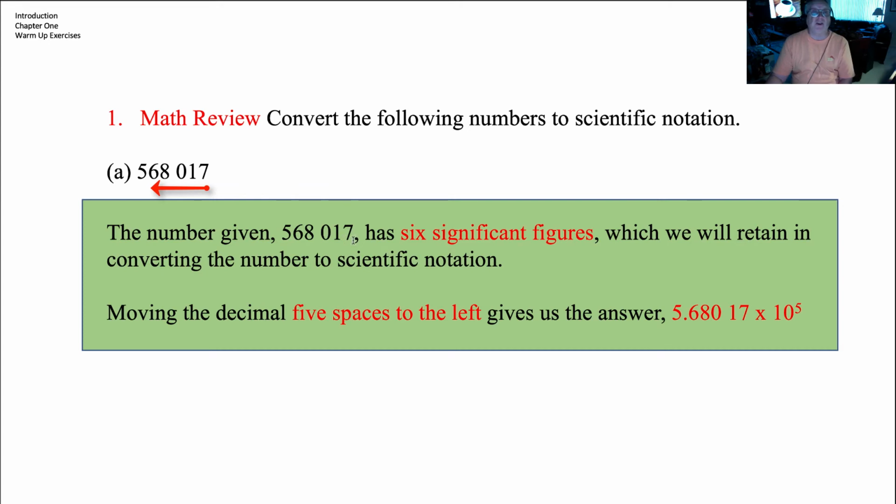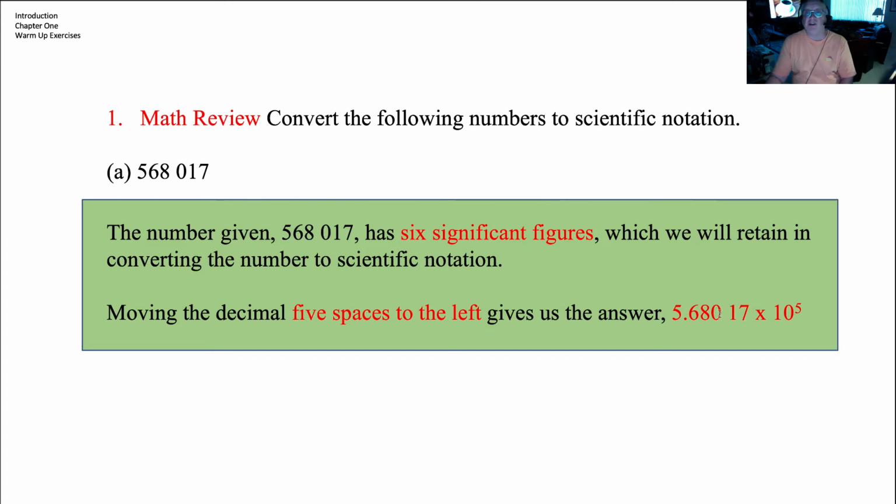Although we don't have a decimal showing just after the 7, it's understood. So if we take that understood place where the decimal is and move it 1, 2, 3, 4, 5, between the 5 and the 6, we end up with an answer of 5.68017.